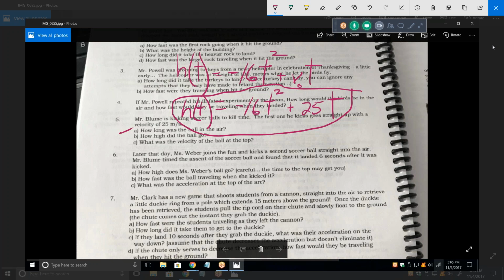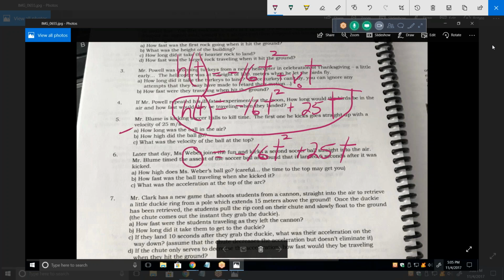Well, we can figure that out, because we know what the height is when it lands: 0. So all I have to do is substitute 0 for height and solve this equation. And that will give me a time that the height is 0.